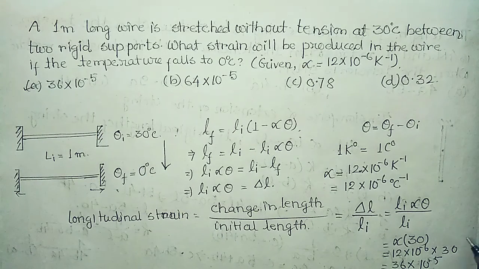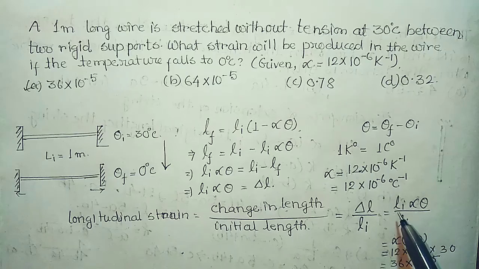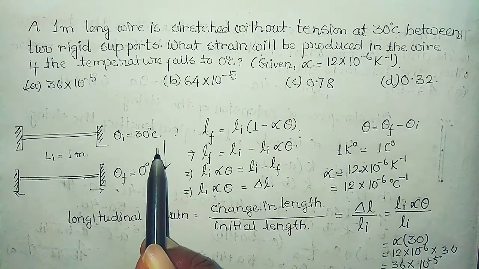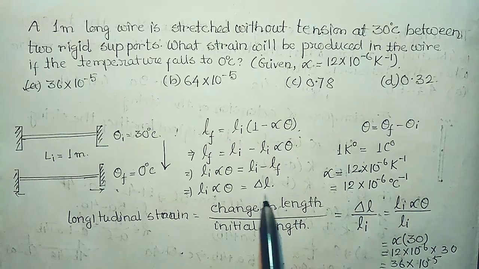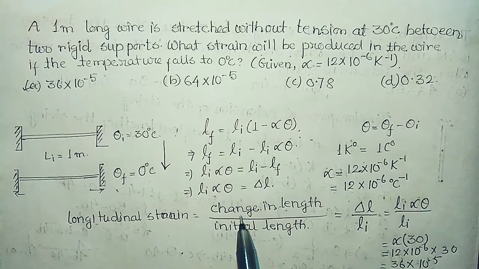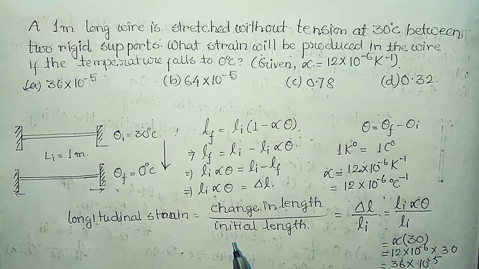Here you may ask why I have not taken this theta, the temperature difference, as 0 minus 30, that is minus 30. Here I have taken the change in length. Actually the length is contracted, but using the mechanical force it is elongated.